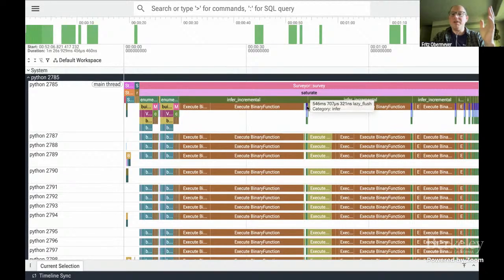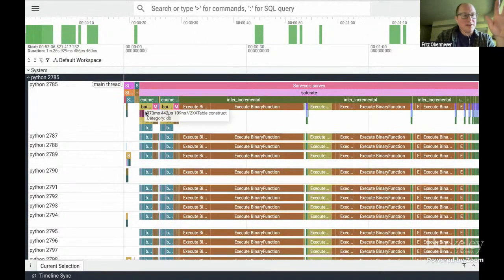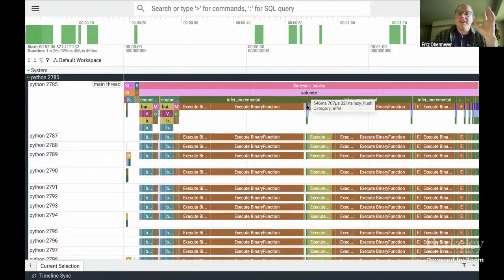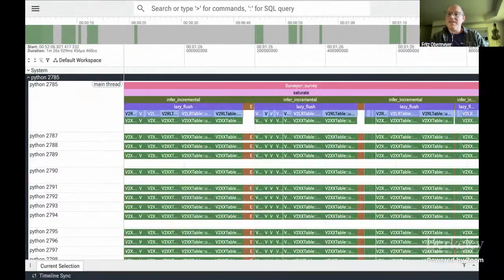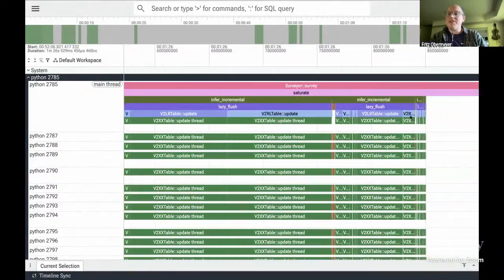Then it can do these really cheap incremental updates of those indices. Let me go back here. Building the indices from scratch costs over 3 seconds. The first incremental update costs like half a second. But as the changes get smaller and smaller, these incremental updates also get cheaper.